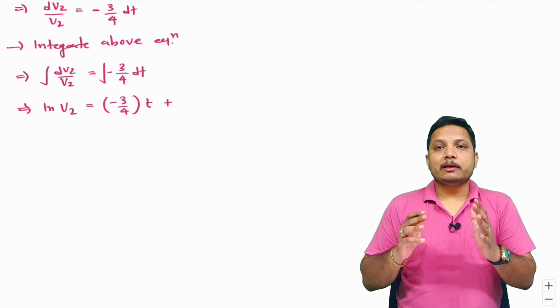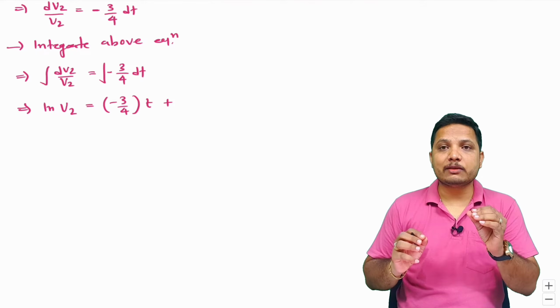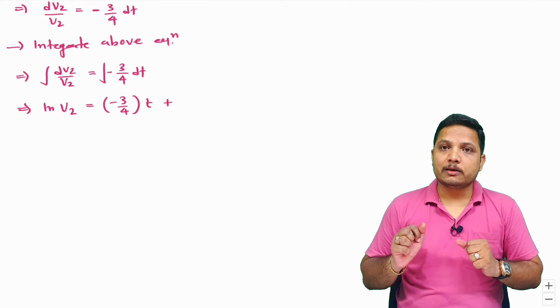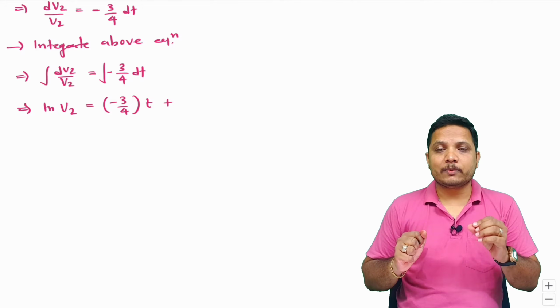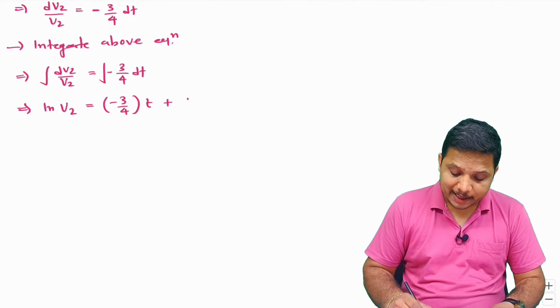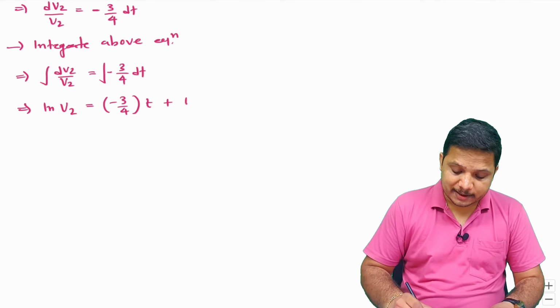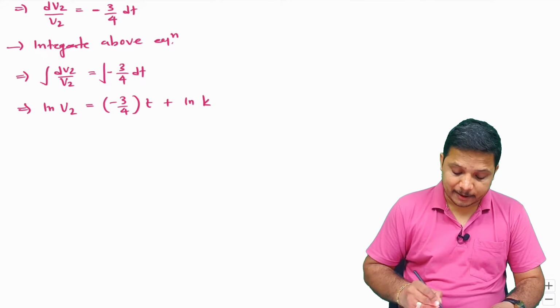Now see, if I consider constant k only, in that case our solution will be a bit complex one. So to make our solution simple, I'll be considering constant as ln k. So here I can write k, right? But that solution will be a bit complex. So what I'll be doing is I'll be considering constant as ln k.